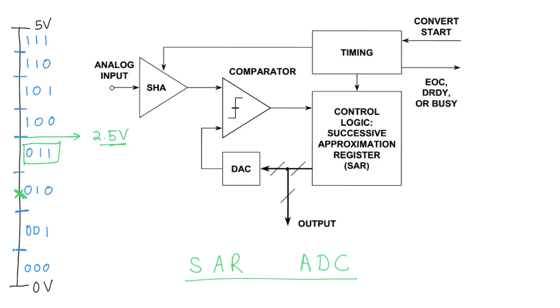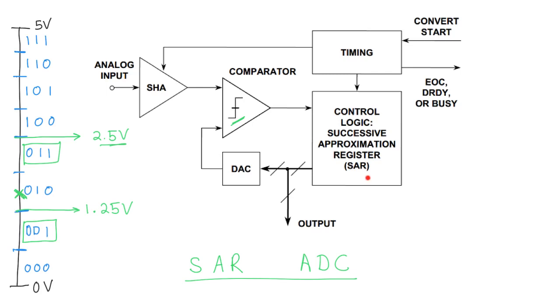And because it is smaller, the control logic then generates the value 0, 0, 1, because that's in the middle from 0 to 2.5 volts. And the output of the DAC corresponding to that is going to be 1.25 volts. So then the comparator compares our analog value, which is here, with 1.25 volts.